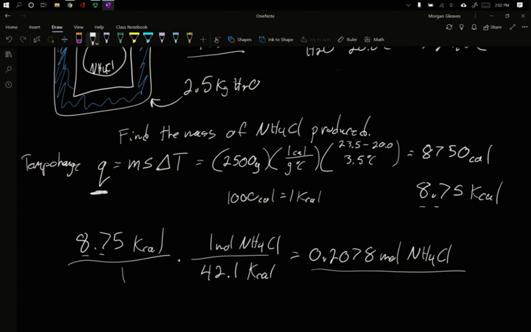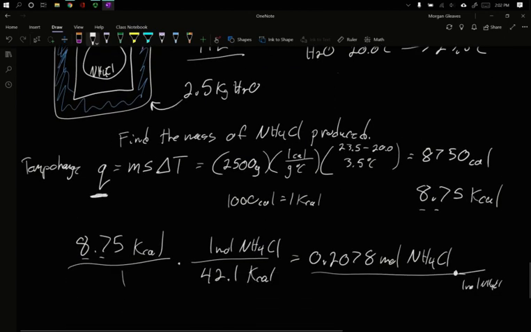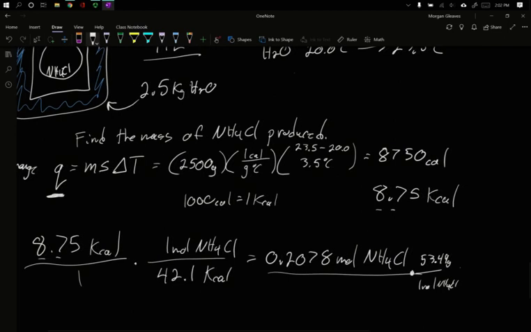And if we wanted, we can turn that into weight. 1 mole of ammonium chloride was 53.49 grams for 11.11 with 2 sig figs, still following along, so 11 grams of NH4Cl.